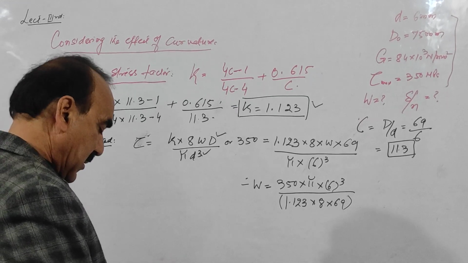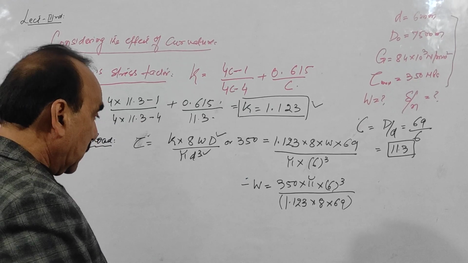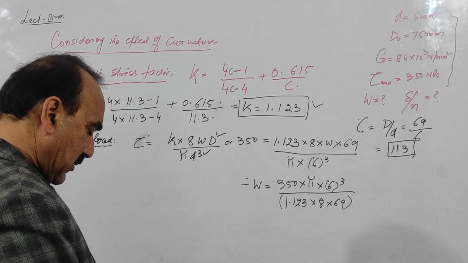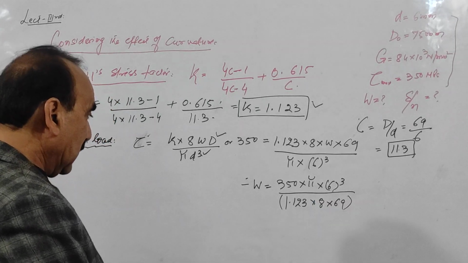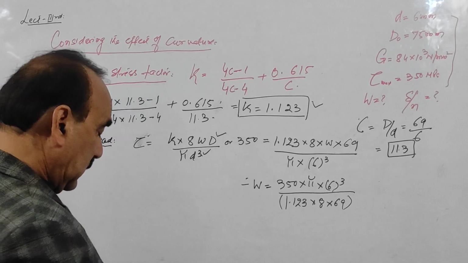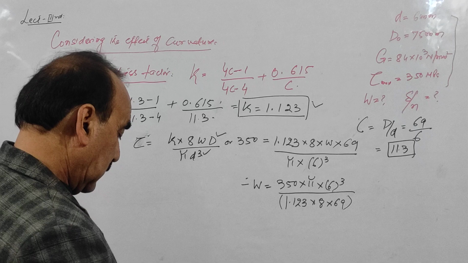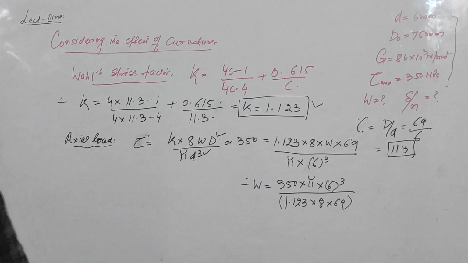What is its value? 350 into pi into 6 raised to power 3 divided by 1.123 into 8 into 69. This comes to 382.9.